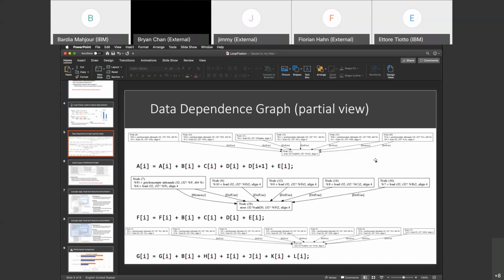I'm trying to see if I understood you correctly at a high level. So we need some preparation to basically replicate some of the instructions or undo the commoning to be able to get a good DDG and a good interference graph. So that's one potential strategy.